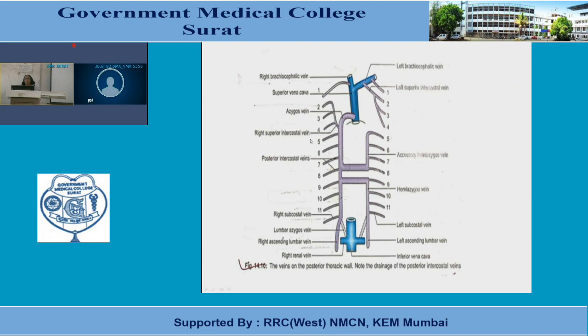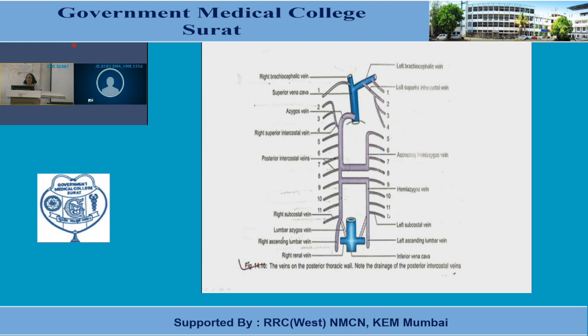Now you can see the 5th, 6th, 7th, 8th, 9th, 10th, 11th intercostal veins here connecting the azygous vein. Ultimately, on the right side, you can see the 5th, 6th, 7th and 8th are going to form the accessory hemiazygous vein, which ultimately joins with the azygous vein and drains the impure blood into the SVC.